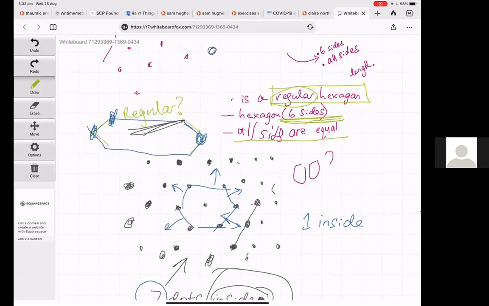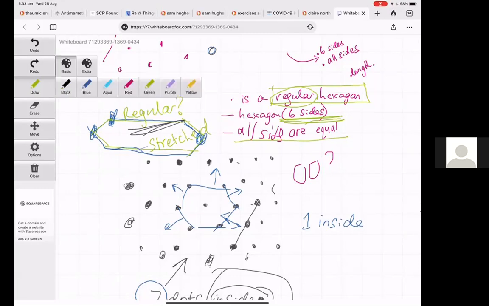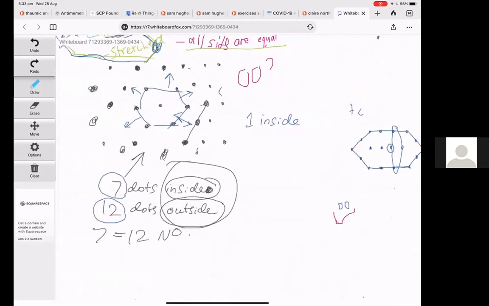No, what I mean by stretched is like this. Yeah, so this one's a stretched one, but we don't want to think about the stretched hexagons because the question asks us about regular hexagons. So in this case, there are fewer dots on the inside than there are on the outside.